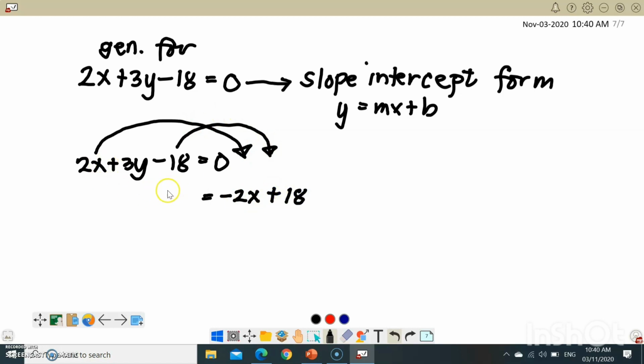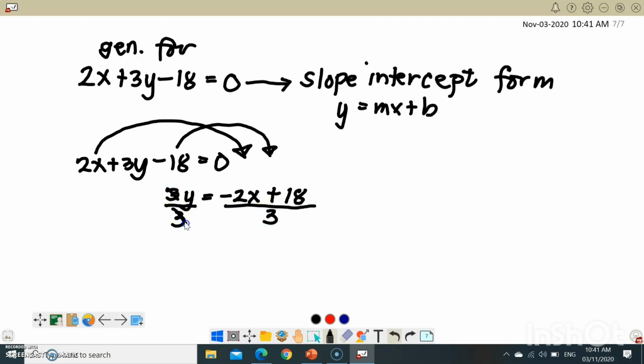And you have here 3y = -2x + 18. Now take note, it says here y. How are we going to remove the coefficient of y? We need to divide both sides of the equation by 3.